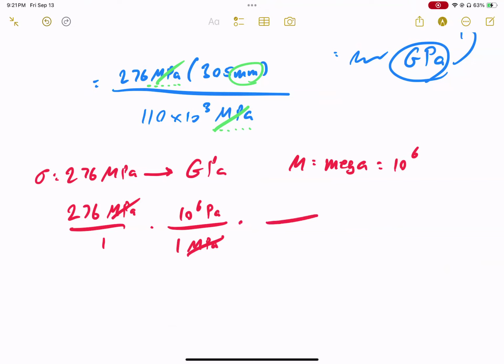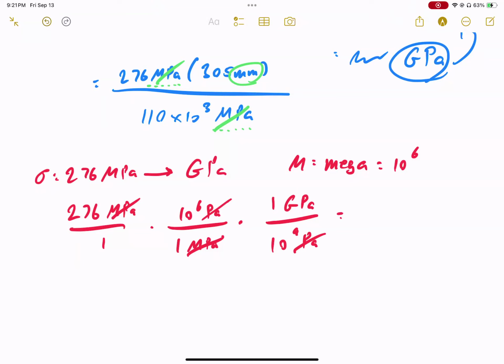So 1 gigapascal is equivalent to, I believe giga is 10. Let me double check what giga is. Is giga 10 to the 9? Yes, okay. So giga is 10 to the 9 pascals, which means 1 gigapascal has 10 to the 9 pascals. Essentially what I'm doing here is dimensional analysis.